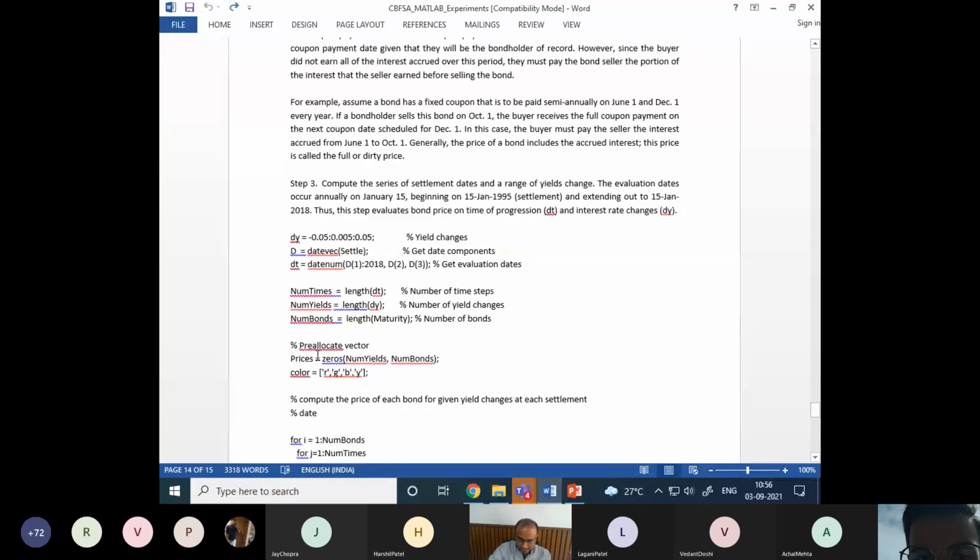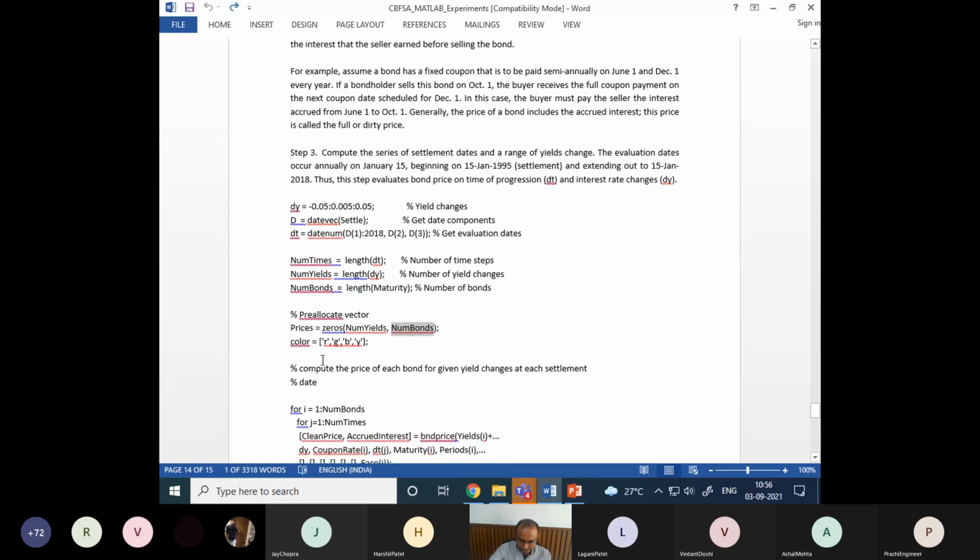Then I preallocate a vector prices for all bonds and all yields. There is a different number of yields that I have calculated in this particular variable, number of yields. So I initialize all the prices to zeros, which is a huge array considering the number of yields, if my yield fluctuates from my base value with some minus and plus tolerance, and for the number of bonds, meaning bond number 1, 2, 3, 4.